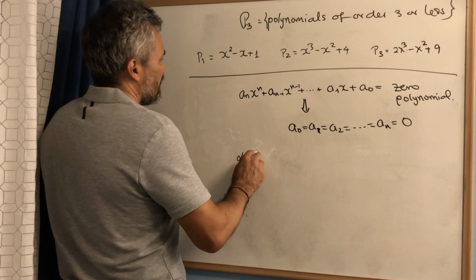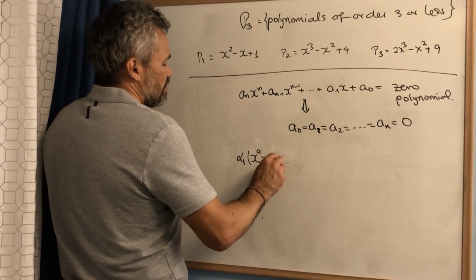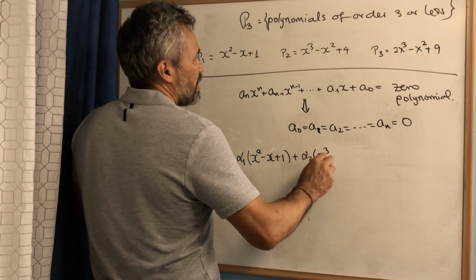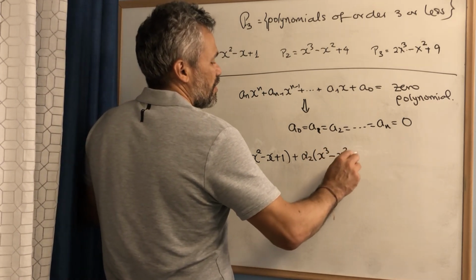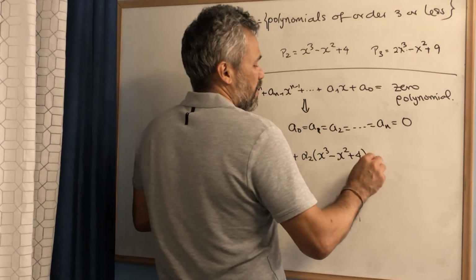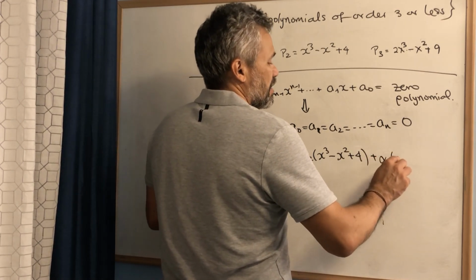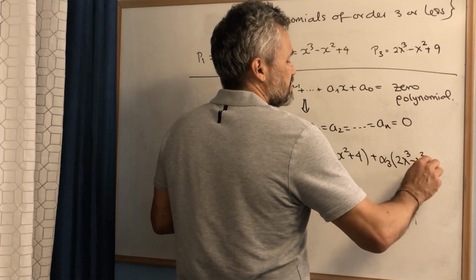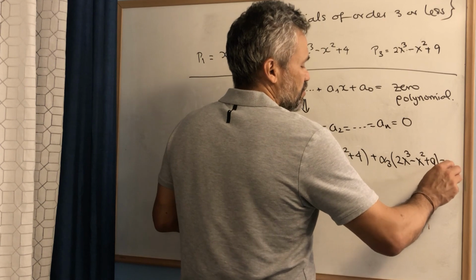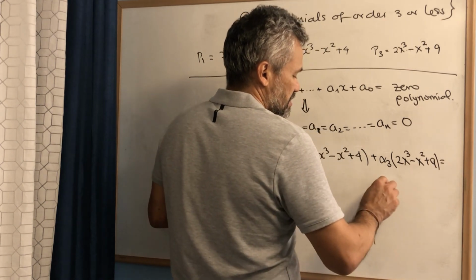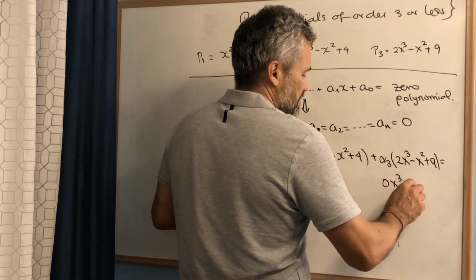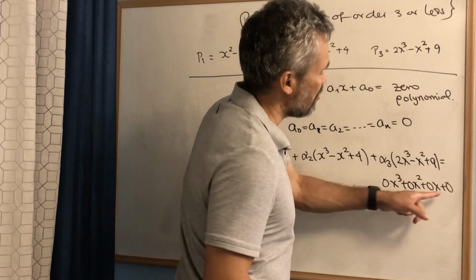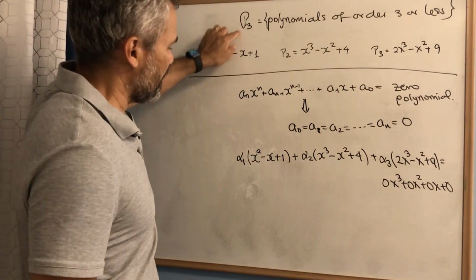Then alpha 1 times (x squared minus x plus 1) plus alpha 2 times (x cubed minus x squared plus 4) plus alpha 3 times (2x cubed minus x squared plus 9) equal to the 0 polynomial, which is 0x cubed plus 0x squared plus 0x plus 0. This is the 0 polynomial in P3.